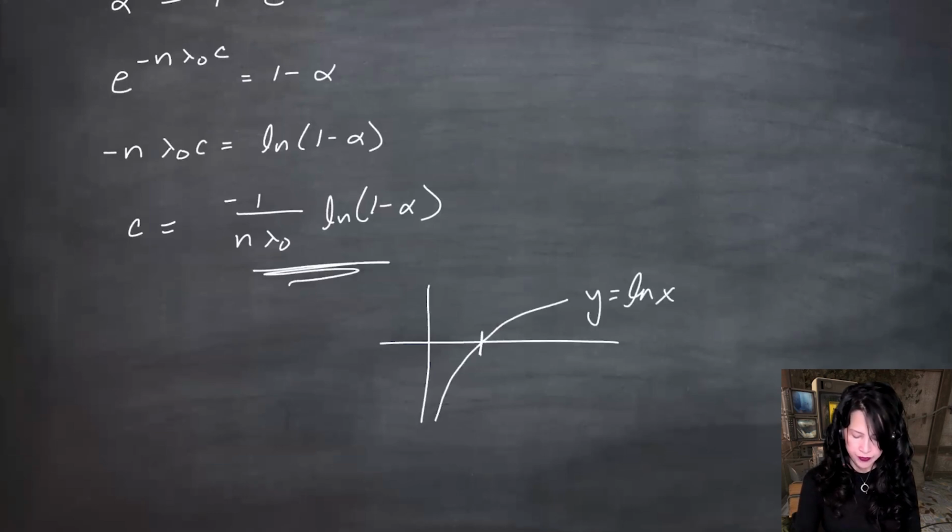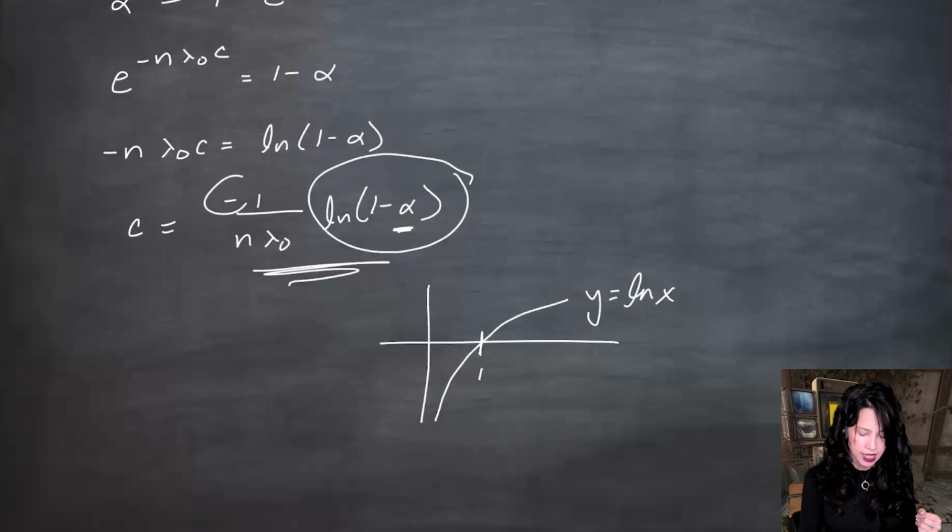It intercepts the x-axis at 1. And so it's negative when you plug in numbers between 0 and 1, and alpha being a probability between 0 and 1, 1 minus alpha is between 0 and 1, unless you took alpha to be 0, which would be silly, or 1, which would also be silly. So this is negative. And so with the negative out front, everything is nice and positive.